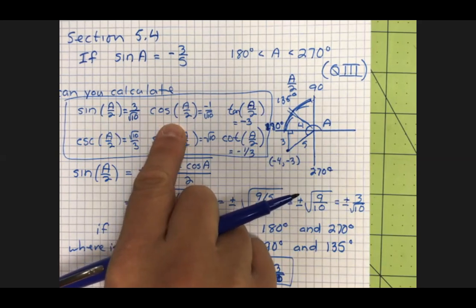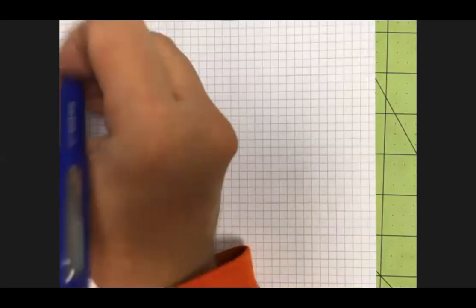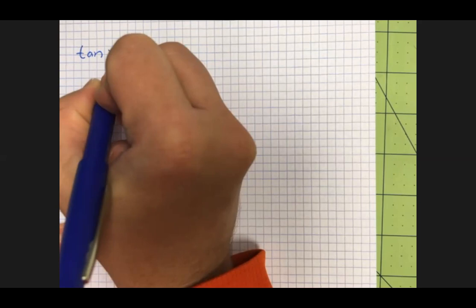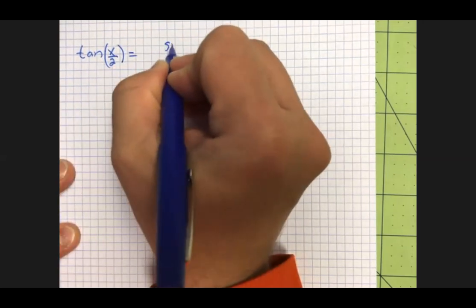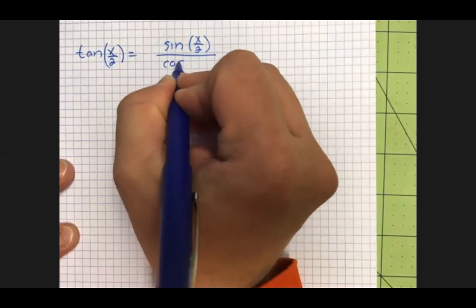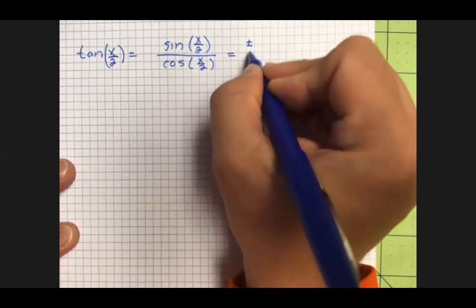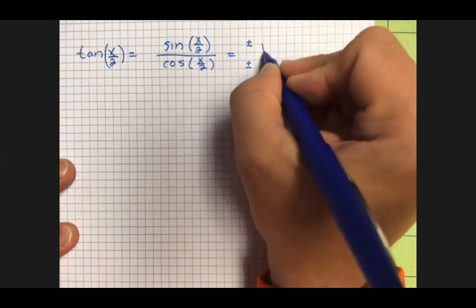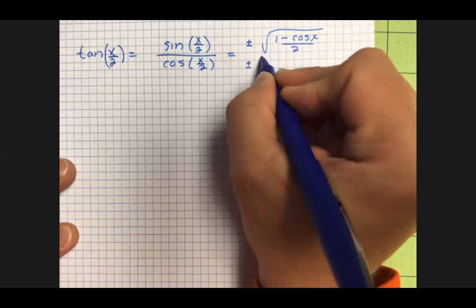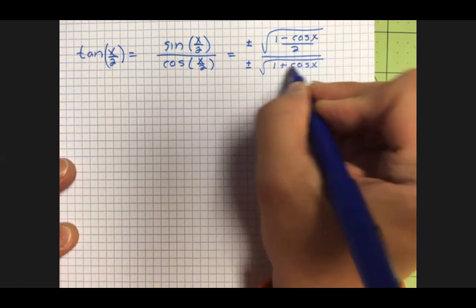But just for good measure, I'll show you how to write the tangent of a half angle. Now it's the sine of the half angle divided by the cosine of the half angle. So by the formulas we just worked out, it would be 1 minus cosine x over 2 and 1 plus cosine x over 2.